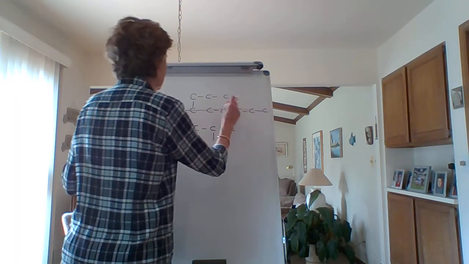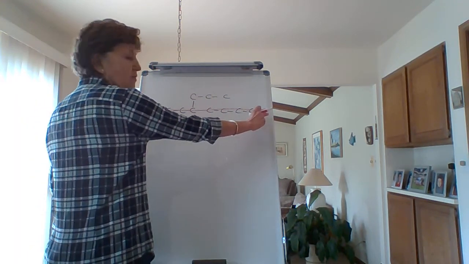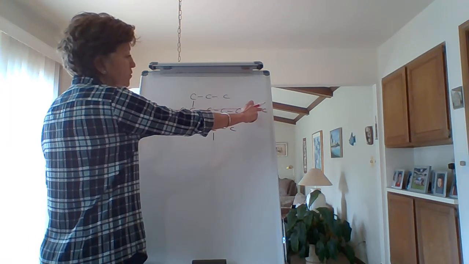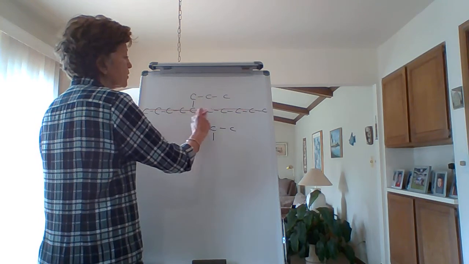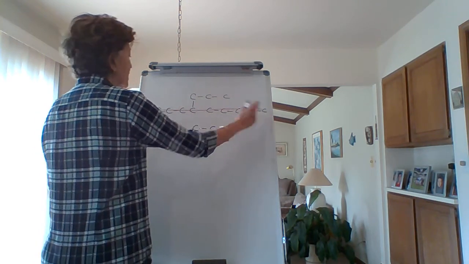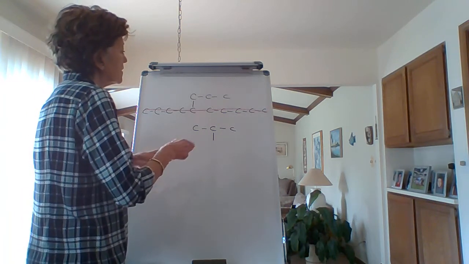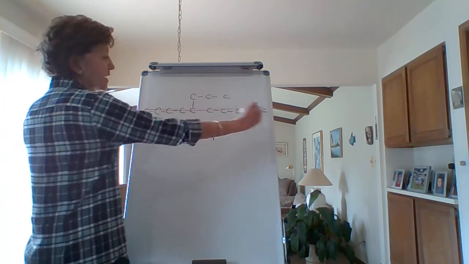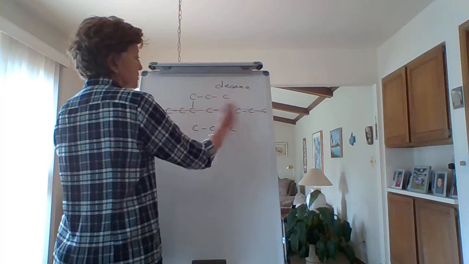Now you can always double check to see, what if I pick this up and come around this way? Is it still long or is it longer? But no, if you do this, it would be 1, 2, 3, 4, 5, 6, 7, 8, 9. So longest parent chain is 10. This would be a decane because it's 10 as the parent.